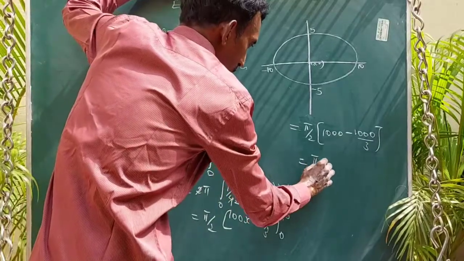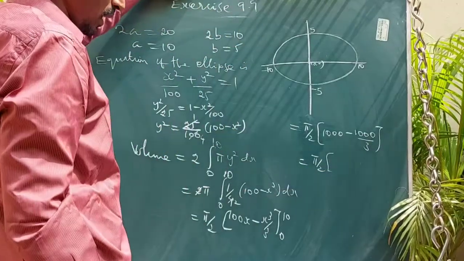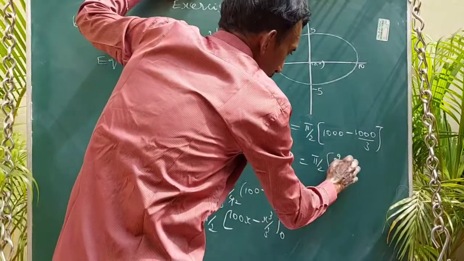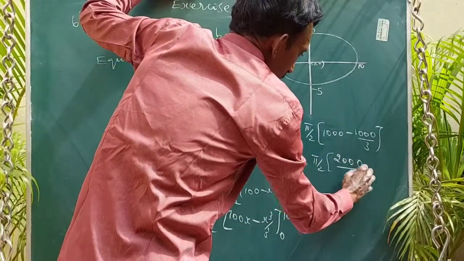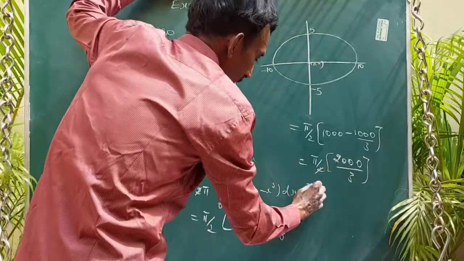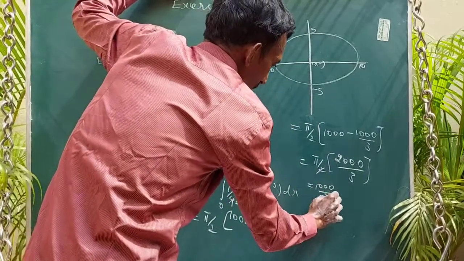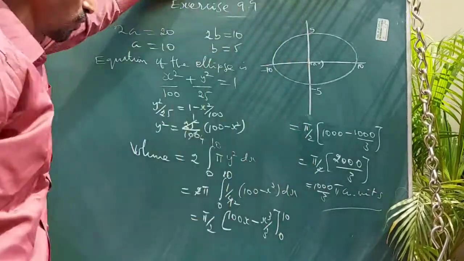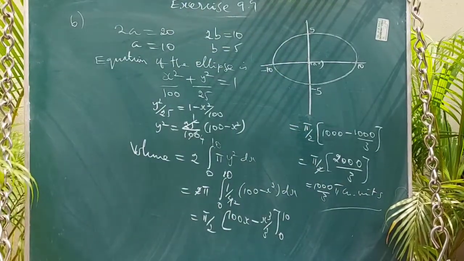So pi by 2, take the LCM, 3000 minus 1000, 2000 by 3. The 2 cancels, so 1000 by 3 pi cubic units. So that is the answer for the last question in exercise 9.9.